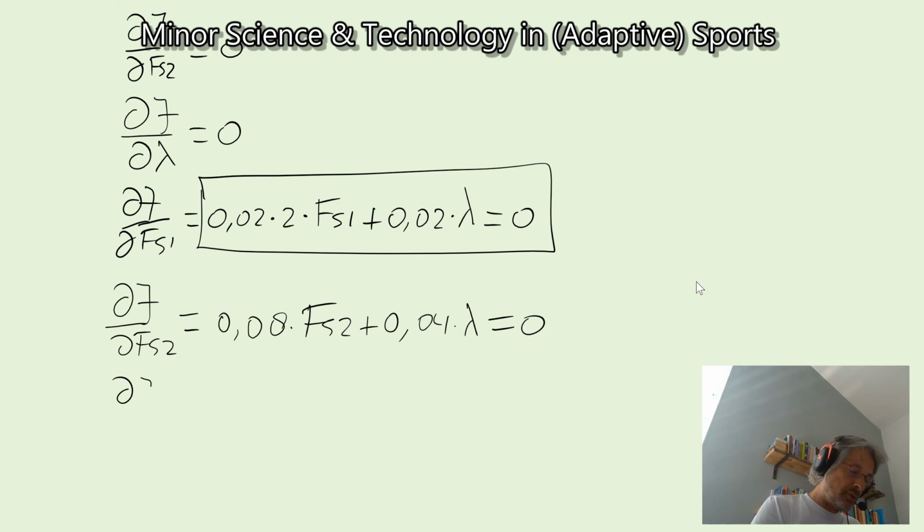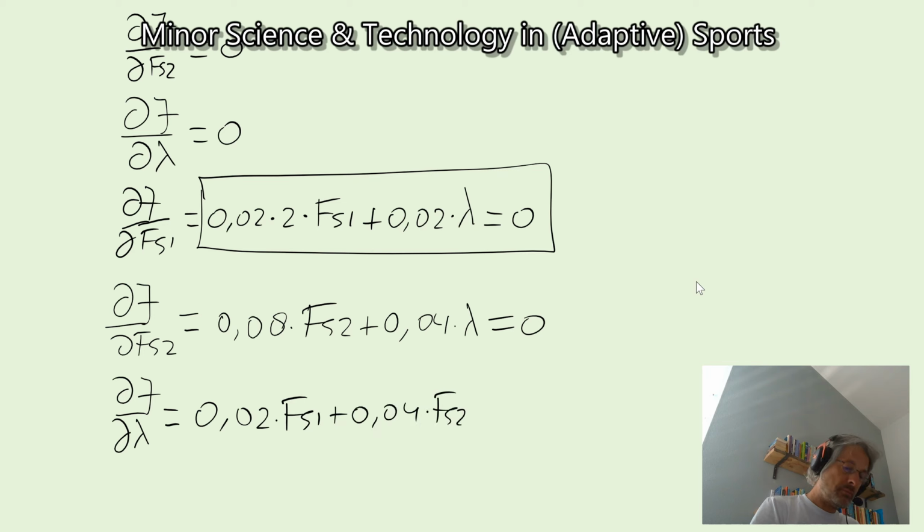And we have dou J dou lambda, of course. And that's just the equilibrium equation. So that is 0.02 times Fs1 plus 0.04 times Fs2 minus 3 equals 0.